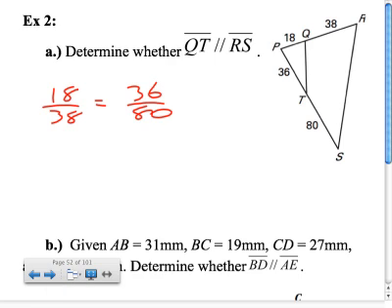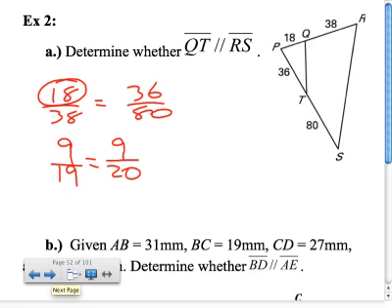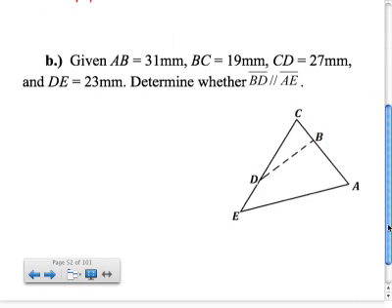I prefer to reduce. 2 goes into 18 nine times, and 2 goes into 38 nineteen times, so that's 9 over 19. 4 goes into 36 nine times, and 4 goes into 80 twenty times. Clearly those are not the same, so the answer here would be no, they're not parallel, because they're not proportional.